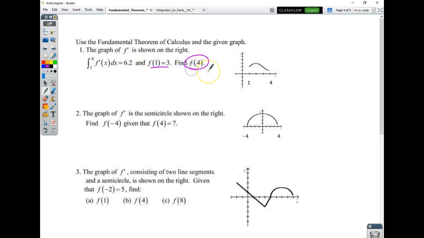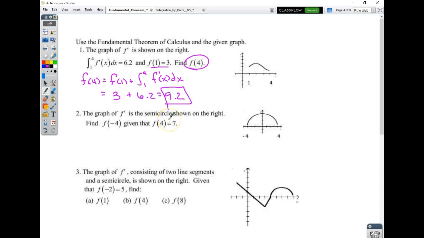Just find f of 4. Well, I'm asking for the final, so f of 4 is simply f of 1 plus the integral from 1 to 4 of f prime of x dx, or 3 plus 6.2, and you simply get 9.2.